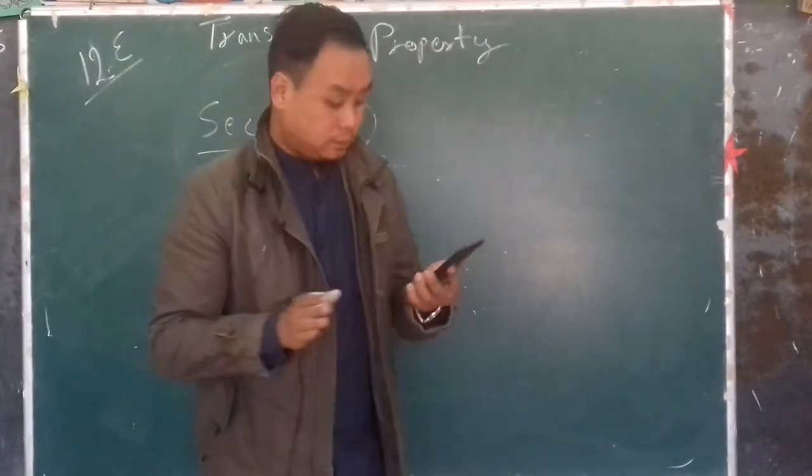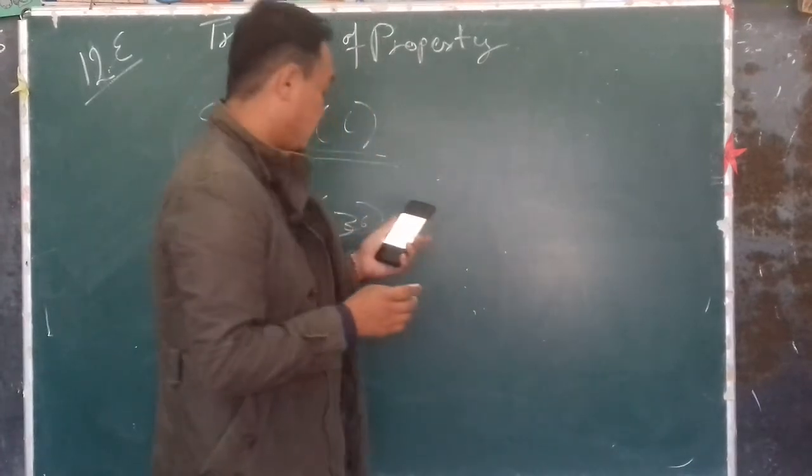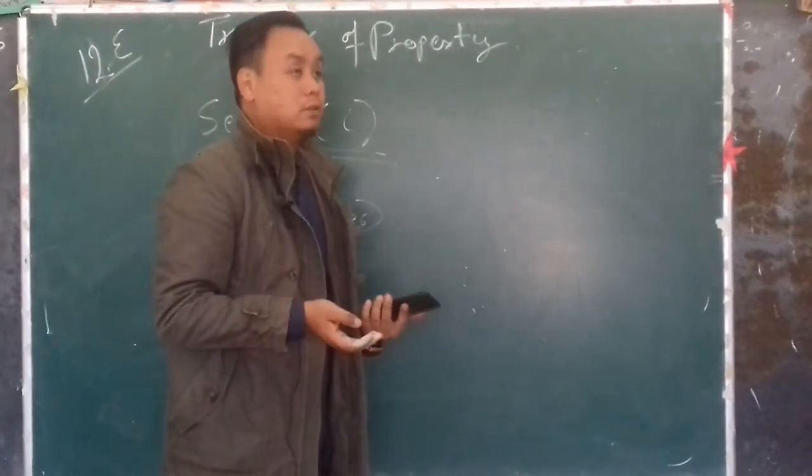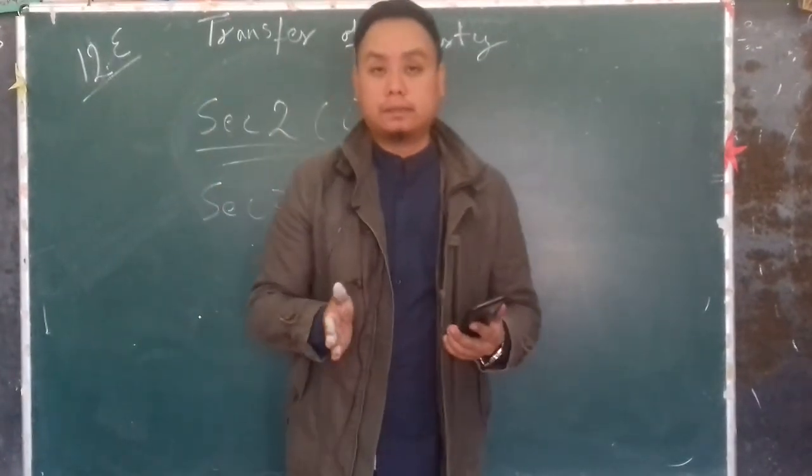So under section 3 clause 36 of the General Clauses Act, movable properties are everything which has been categorized except immovable property.